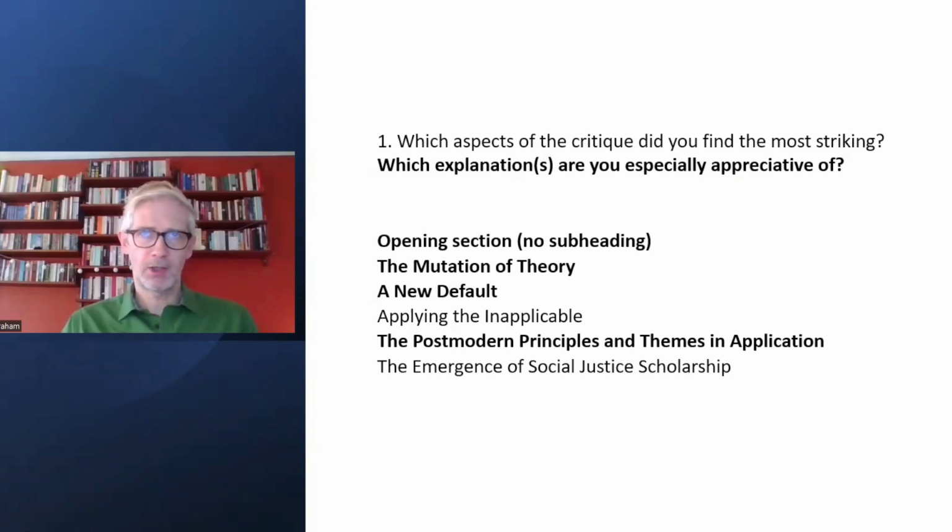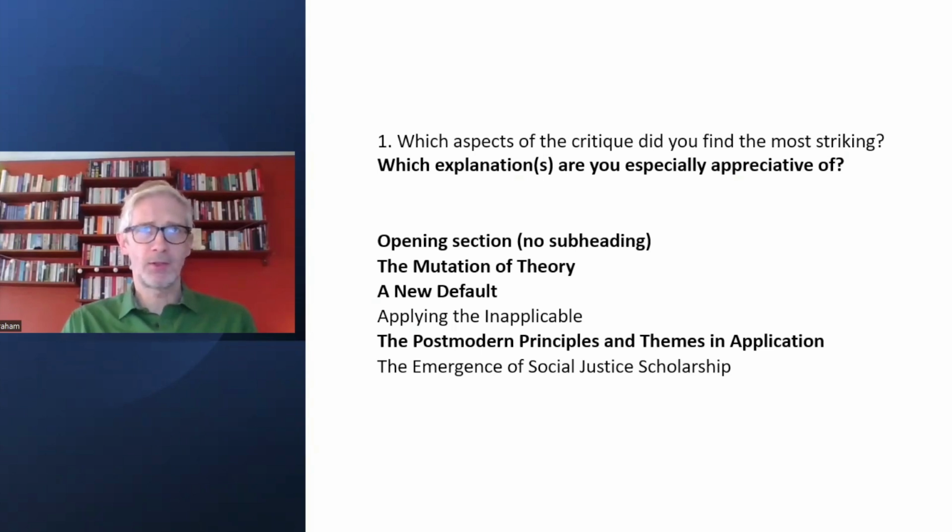Now, the outlines of this thesis get presented in the opening untitled section of the chapter, and also in the sections bearing the titles Mutation of Theory, A New Default, and the Postmodern Principles and Themes in Application.